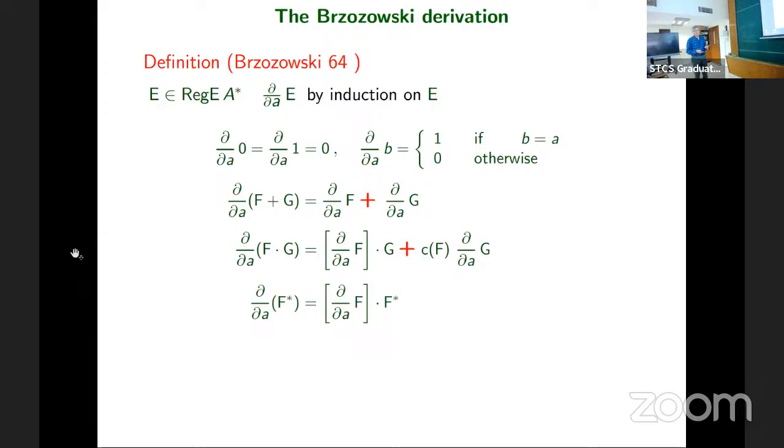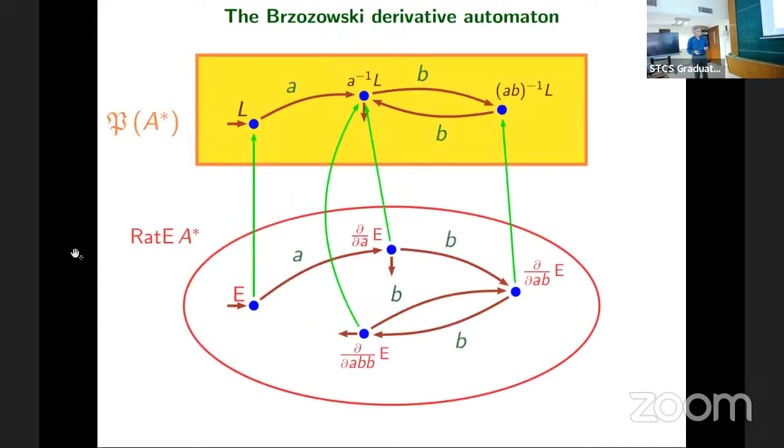On the previous picture, why is the loop there and not on this one? Because there is no reason why the derivation, these are different expressions. There is no reason why the derivation of this expression by B, which is this one, is the same as this one.